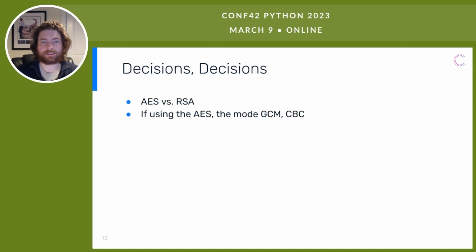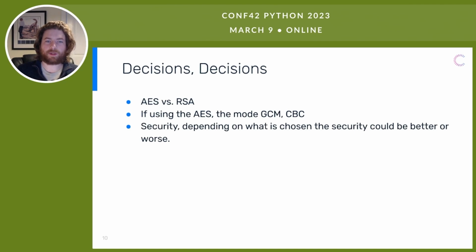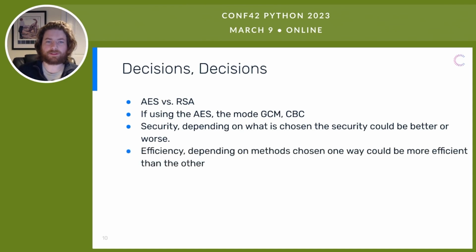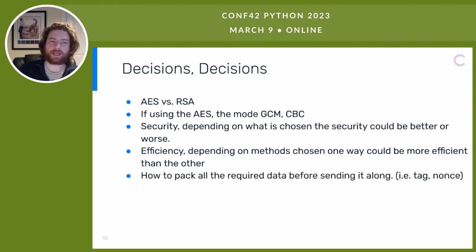If using AES, which mode to use, for example, GCM or CBC. Security: depending on what is chosen, security could be better or worse. Efficiency: depending on methods chosen, one could be more efficient than the other. And finally, how to pack all the required data before sending it to a consumer.